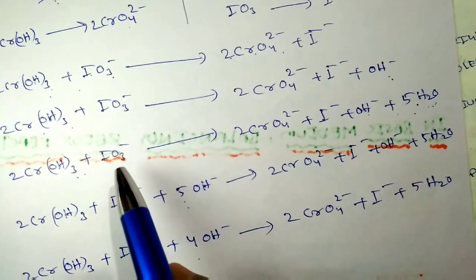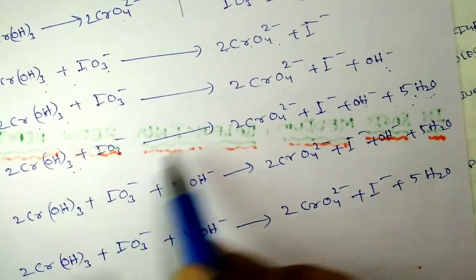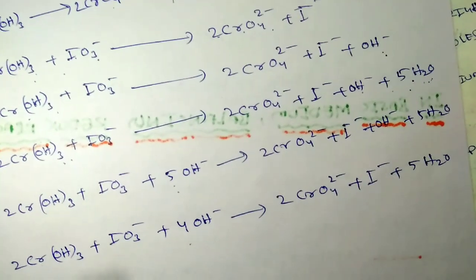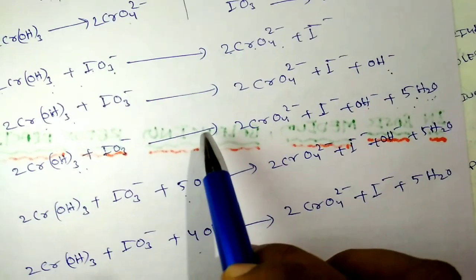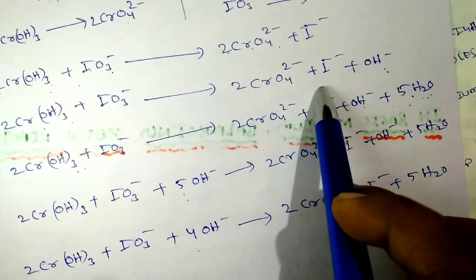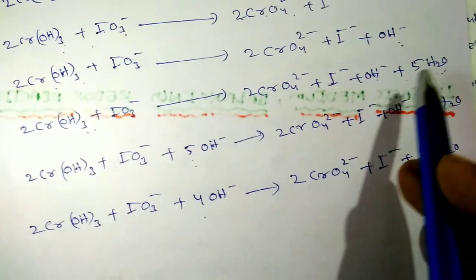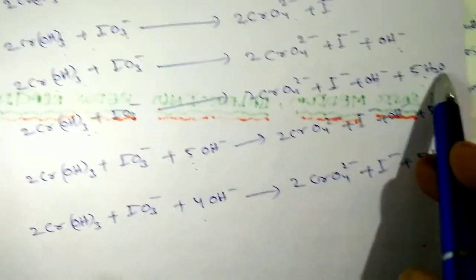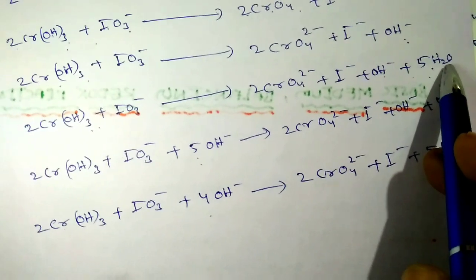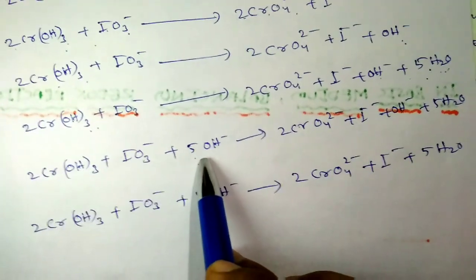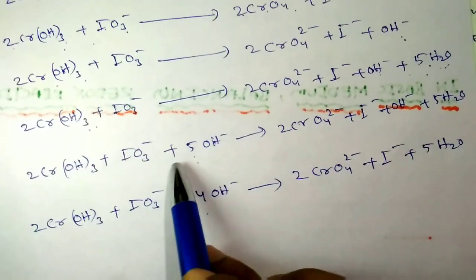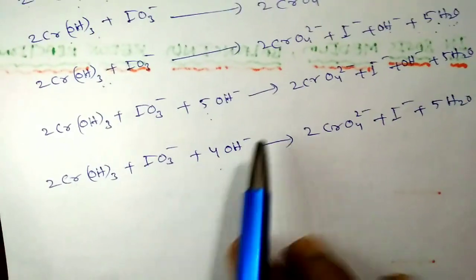Instead of adding 5 more hydrogens, just add 5 H2O molecules on the right side, since 5 hydrogens are lacking. Once we add 5 H2O molecules on the right side, add 5 OH minus groups on the left side. Got it?